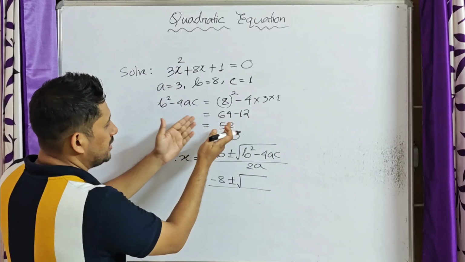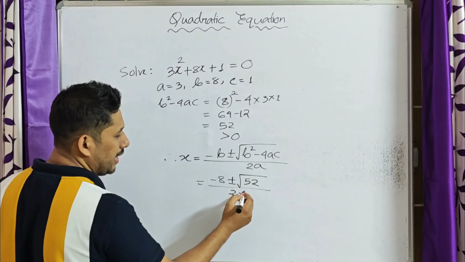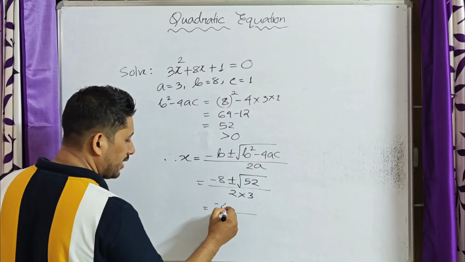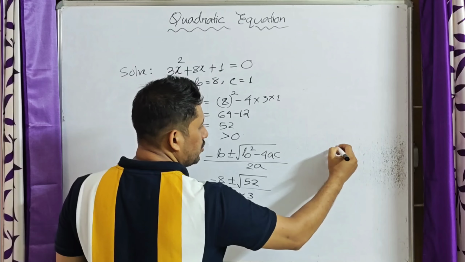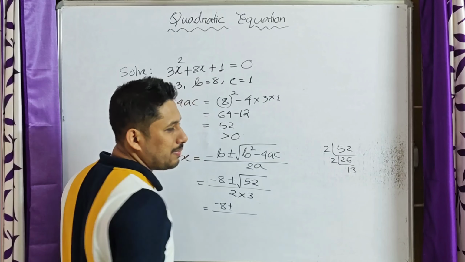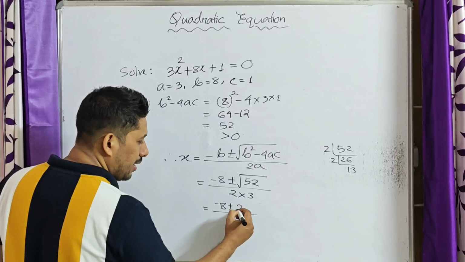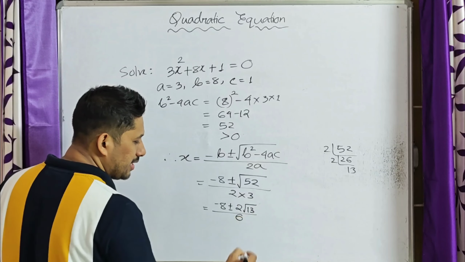I already found this answer, the answer is 52, so I write 52 here, divided by 2a, where a is 3. Next step, I write minus 8 plus minus square root of 52. Let us factorize 52. I will get 26, then 13, and 13 is a prime number. 2 is a pair, so 2 will come outside and 13 will remain inside. And the denominator is 6.